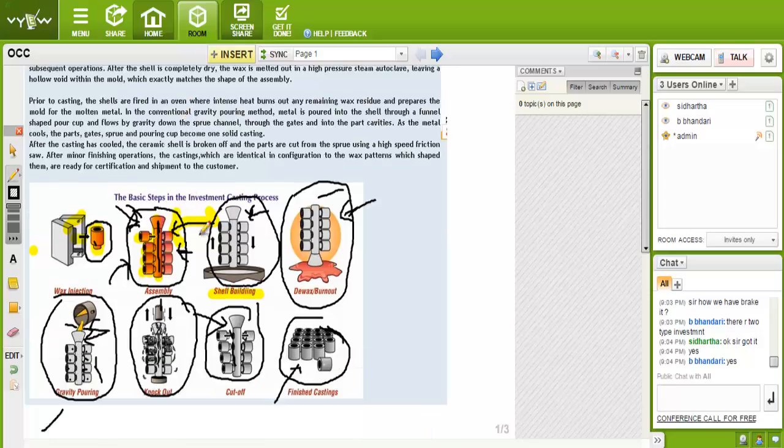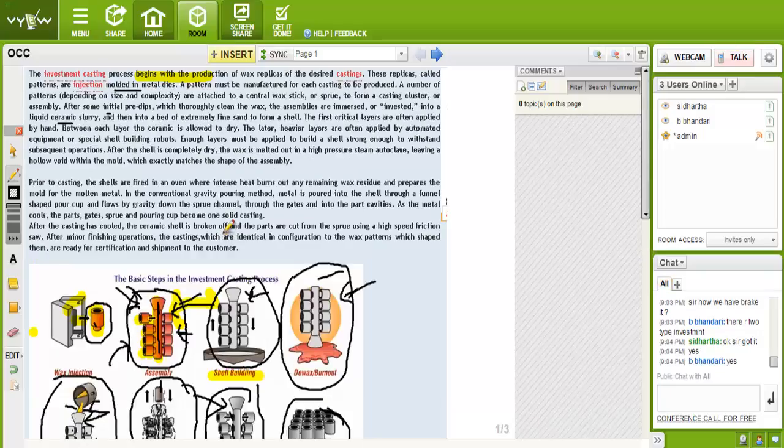See, we make a liquid ceramic slurry. In there we just dip it repeated times to make a layer above the wax assembly, and then into a bed of extremely fine sand to form a shell.